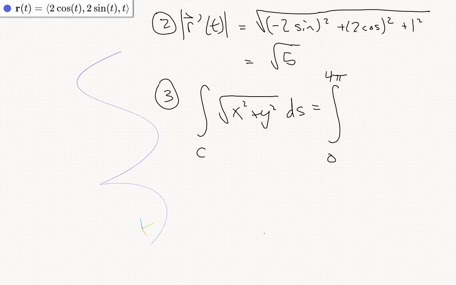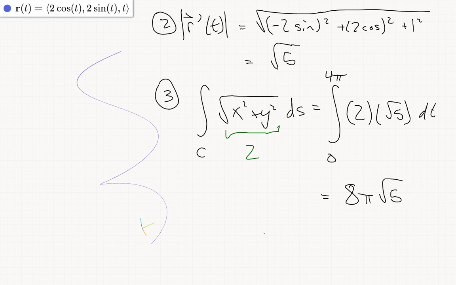So if r was equal to 2 cos t, 2 sine t, then this is the radius in the xy plane. So this will just be 2. So we're integrating 2 times root 5 dt, and this is a constant, so we get 8 pi root 5 as this integral.